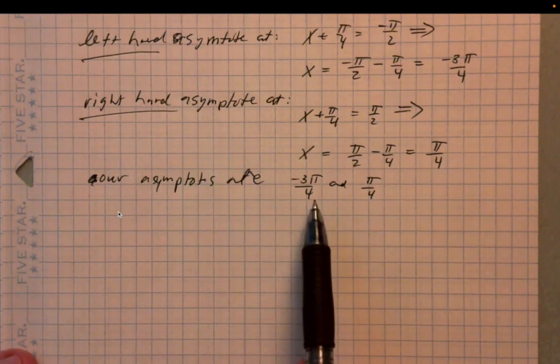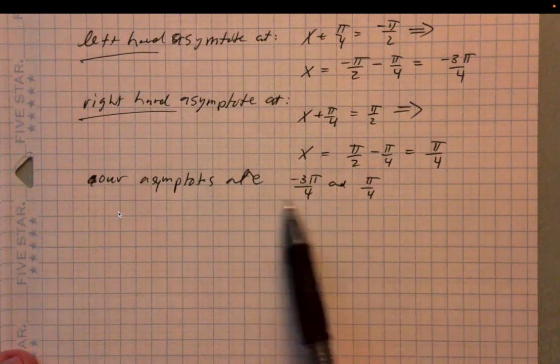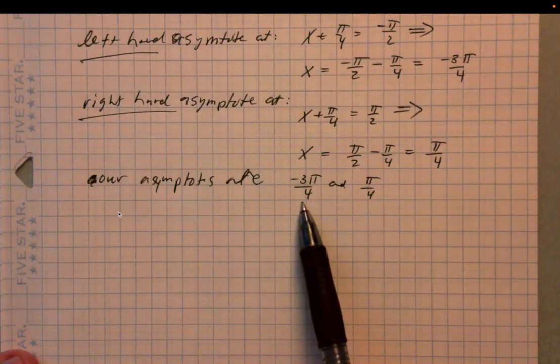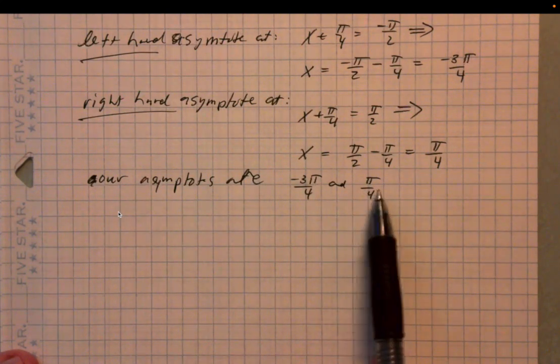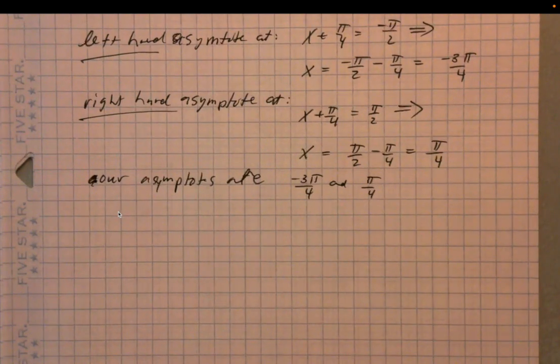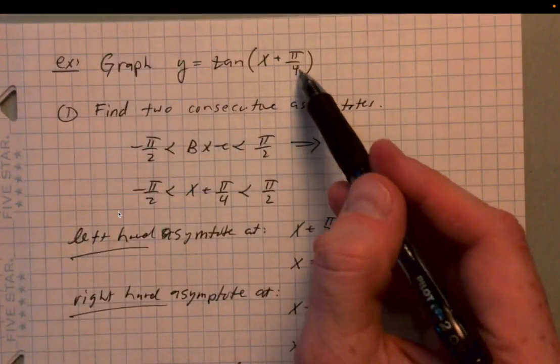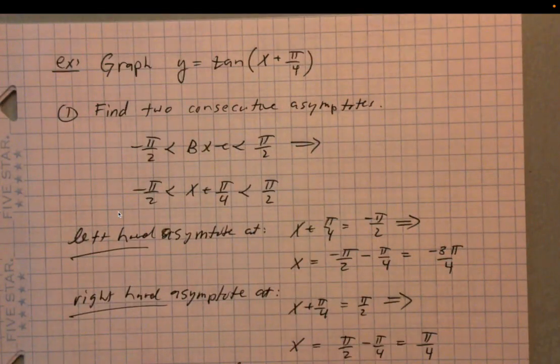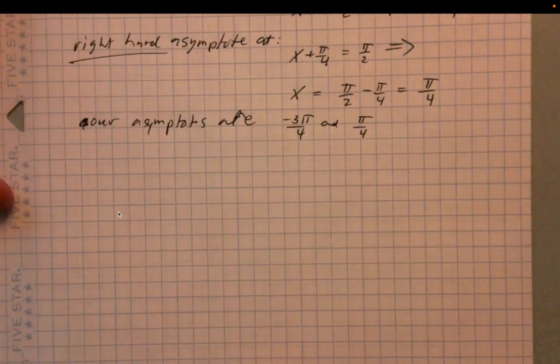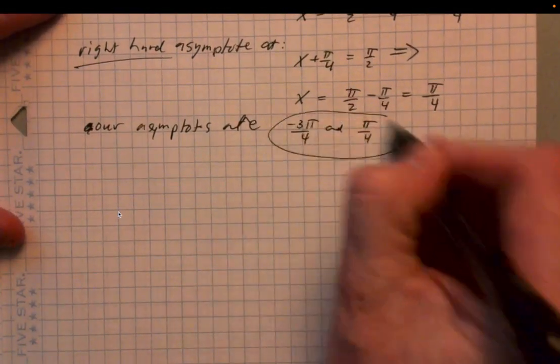Right, normally this started out as negative pi over 2, now it's shifted down to negative 3 pi over 4, and this one is normally at pi over 2, and it's shifted down to pi over 4. Right, so it's kind of everything's shifted down by 1/4 of a pi. Right, and you can kind of see maybe that's intuitive given that you're adding pi over 4 to the argument. Okay, right, so that's step 1. So we've got these guys here.